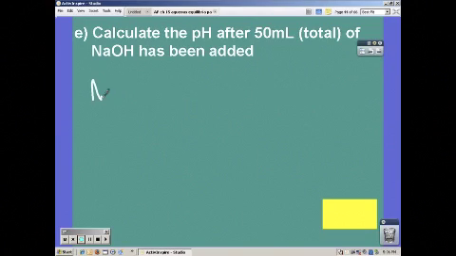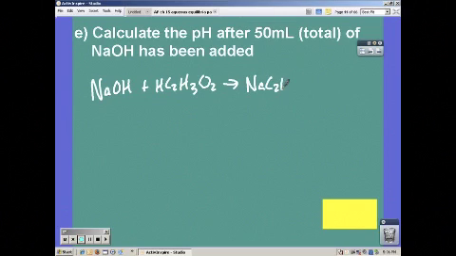Now we're adding 50 milliliters of NaOH. And make sure you write small for this problem. We have 5 millimoles, and 0.